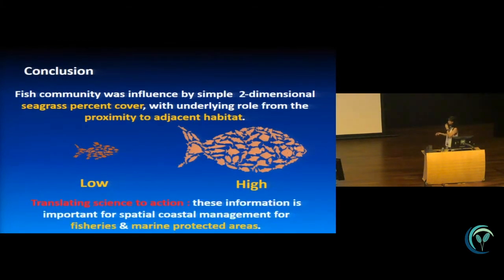In short, this information is particularly important for spatial coastal management for fisheries and also marine protected areas in our country, and it can be passed up to the Department of Fisheries or the Department of Marine Parks.